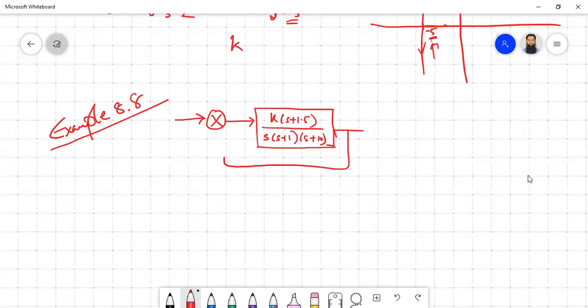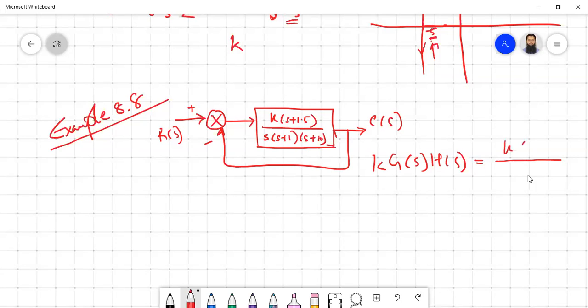So unity feedback, negative feedback, so everything is okay. Now, by looking at this equation, K G of s, H of s, which is K(s plus 1.5) over s(s plus 1)(s plus 10), how should the root locus look like?